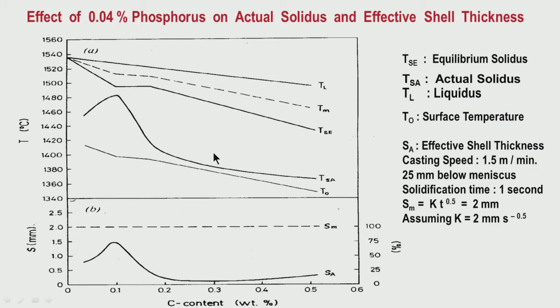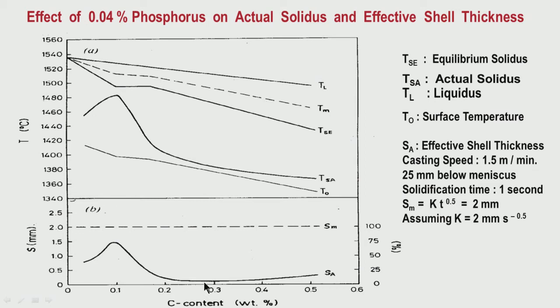The mushy zone will be quite wide, the depth of the mushy zone is large and the solid shell is very thin. Look at this figure, the solid shell thickness at a depth of say 25 millimeter below the meniscus, at this depth, what is the solid shell thickness?